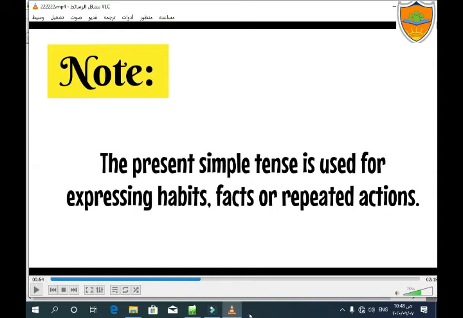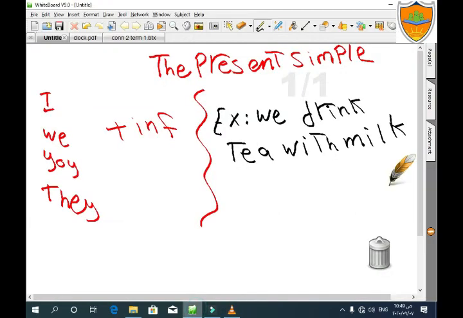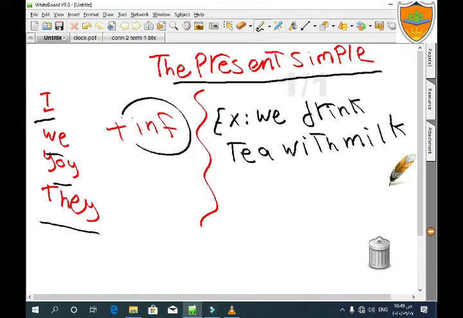Here we use the present simple. The present simple tense is used for expressing habits or facts or repeated actions. We have here the present simple tense. How do we use it? With I, we, you, they, we put the verb infinitive.